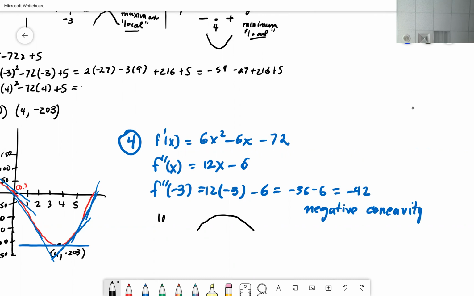Therefore, local maximum. So we could have done this in one shot. We wouldn't have to test on each side of -3. The second derivative would have shown us that for -3, I must be a maximum because the second derivative measures the concavity.